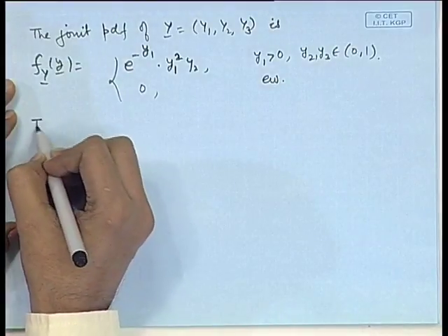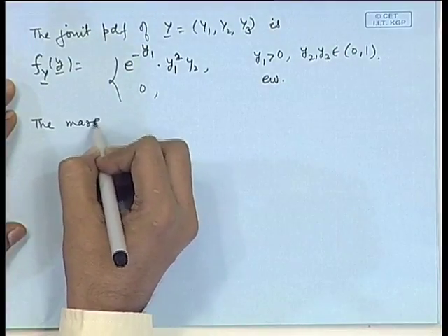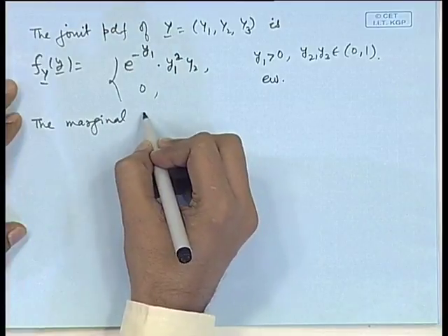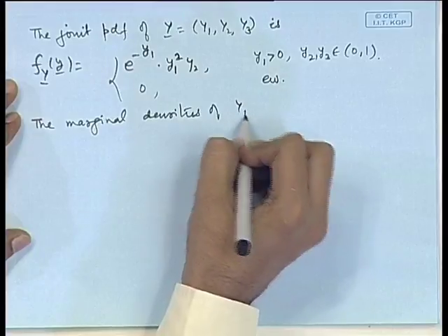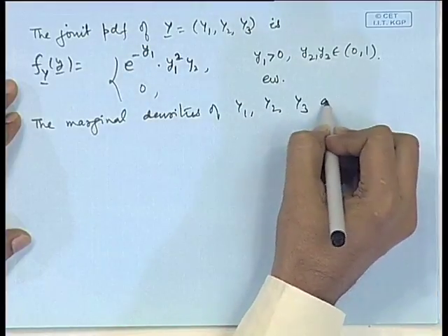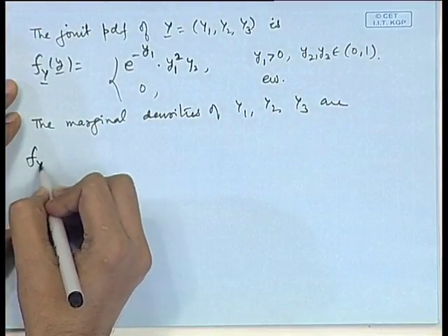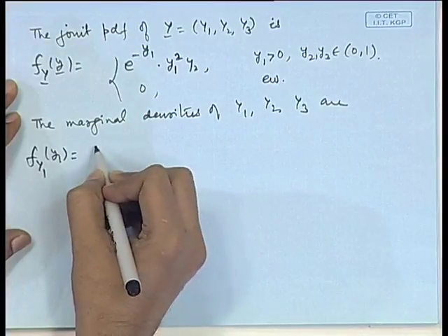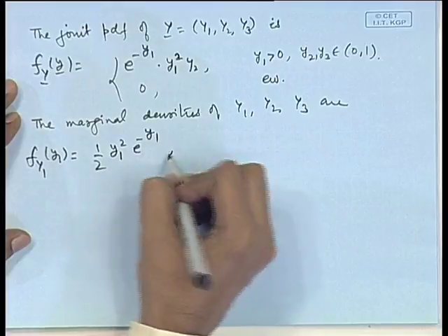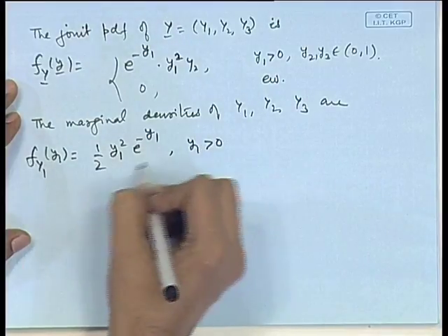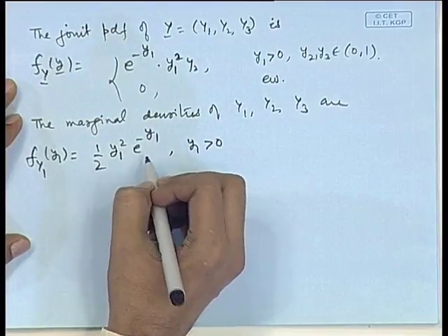So, the marginal densities of y 1, y 2 and y 3 are obtained as f y 1 as half y 1 square e to the power minus y 1, which is nothing but a gamma distribution with parameters 3 and 1.